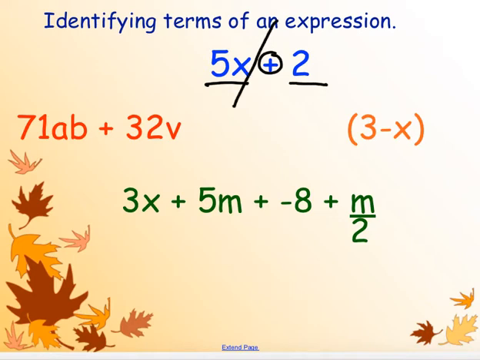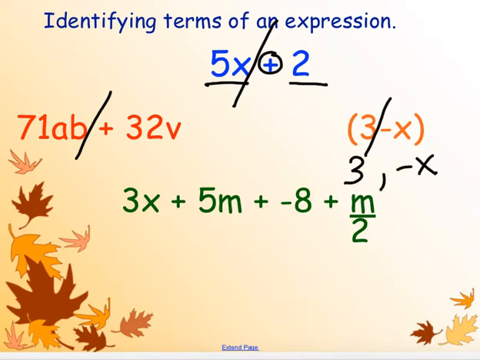I always like to put little slashes in between so that I can say we have two different terms here. Similarly, 71ab plus 32v, we have two terms. 3 minus x, well, that subtraction sign separates them, so I have a term of 3 and a term of negative x.